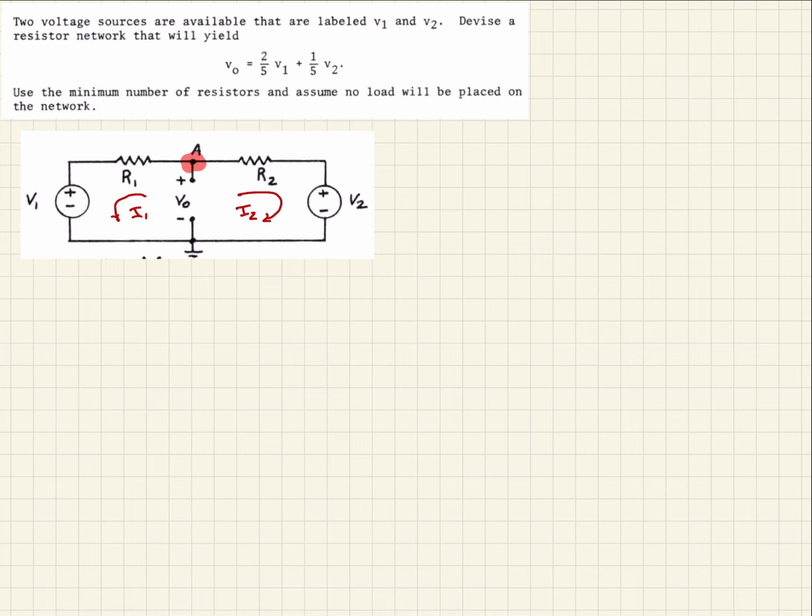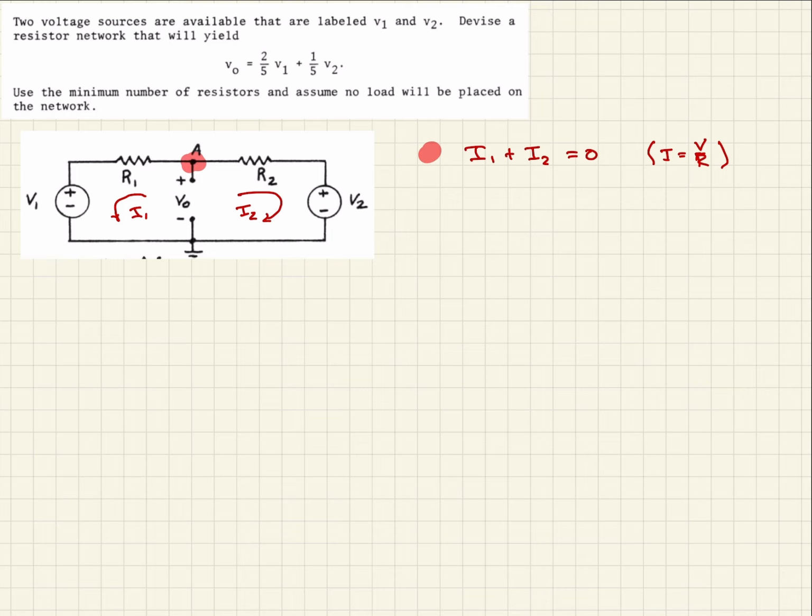Starting at node A, if we sum up the currents going through node A, it should be I1 plus I2 equals 0. That's Kirchhoff's law. Now we can use Ohm's law and recall that I is equal to the voltage over the resistance. So we need to replace I1 and I2 with the Ohm's law representation.